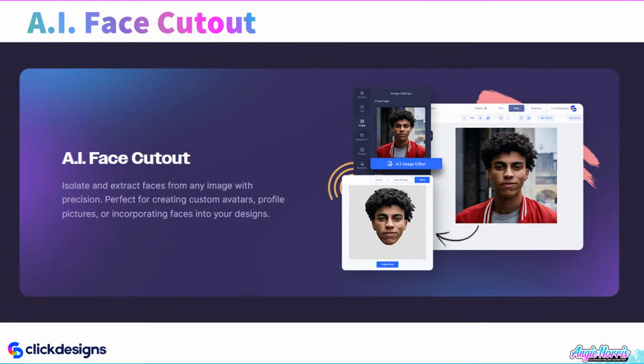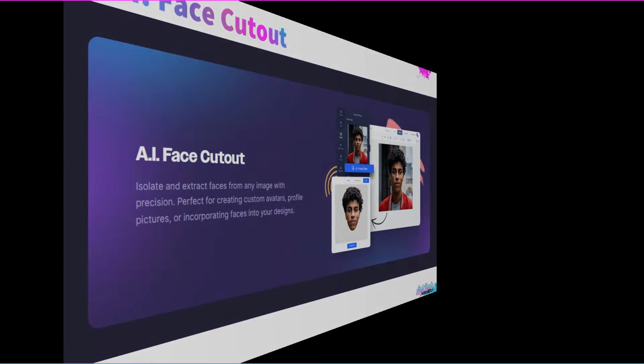The AI face cutout, this is a fun one, and man, I wish I would have had this 20 years ago. I remember manually going around trying to cut the faces out of people in Photoshop to put them on social media banners and invites, and man, it was tedious. Now, boom, you just do it. It's there, and it's so cool.